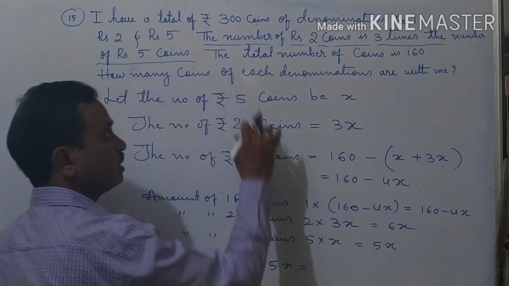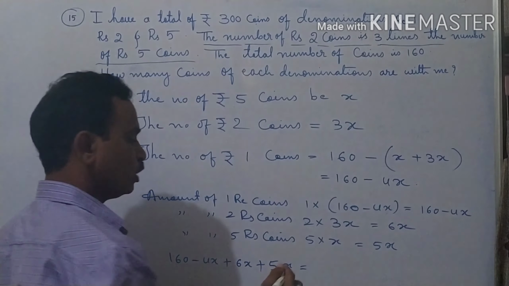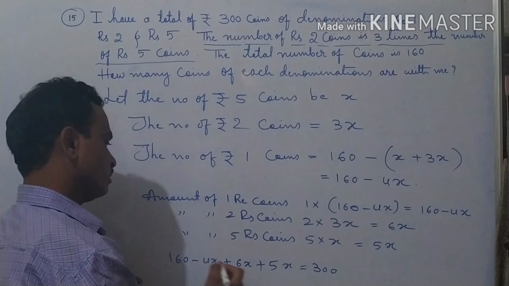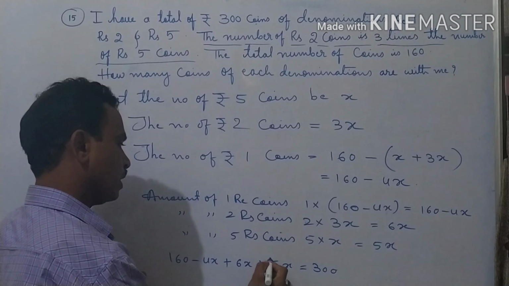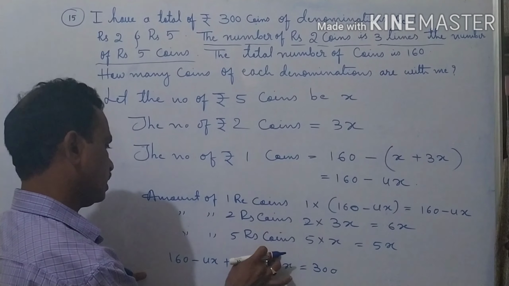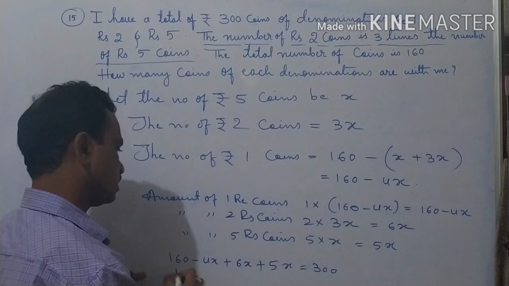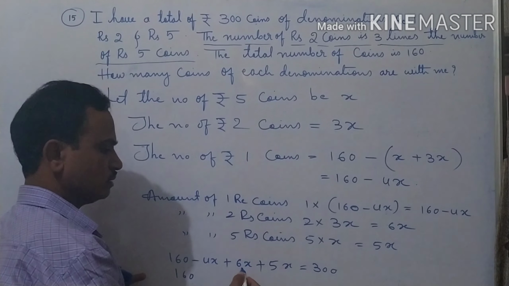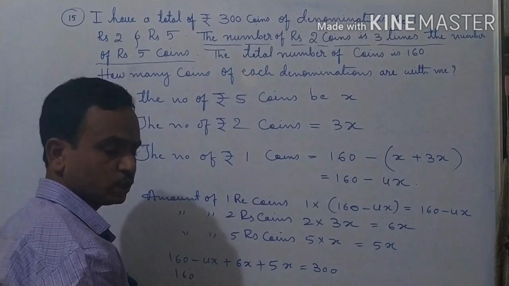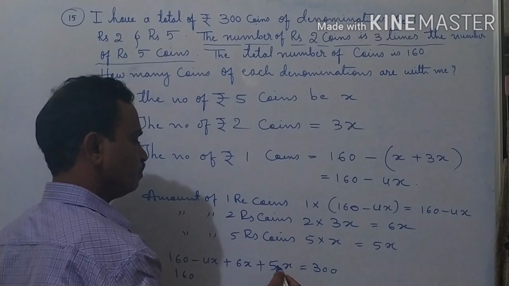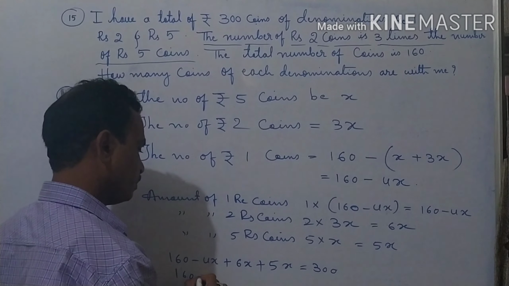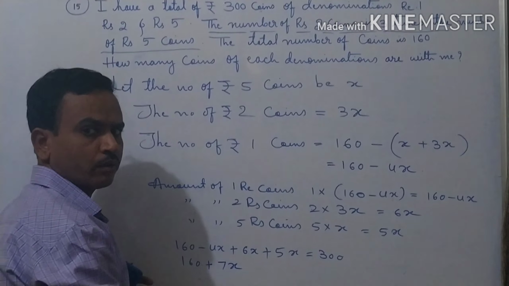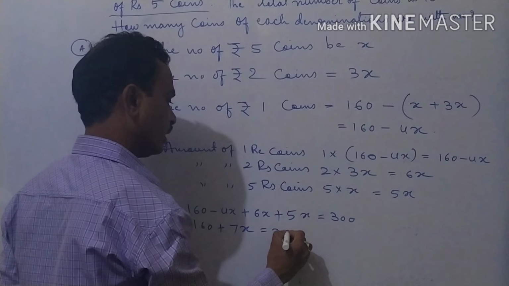This is equal to the total amount given, 300 rupees. Now add all this: 160, only the number is there, then minus 4x plus 6x plus 5x, it becomes plus 7x. Then this is equal to 300.